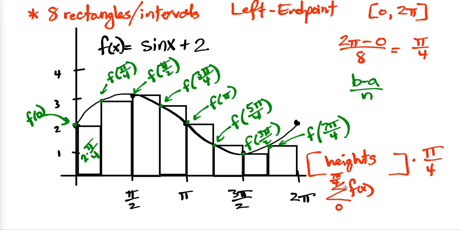Now, this isn't the real notation at all, but that's basically what you're doing, adding up all the function values from 0 to 7 pi fourths. There's definitely a different way of writing it, but I don't want to throw you into overdrive and panic today, because if I gave you all the right notation, it looks a little scary. But that's what we're doing.